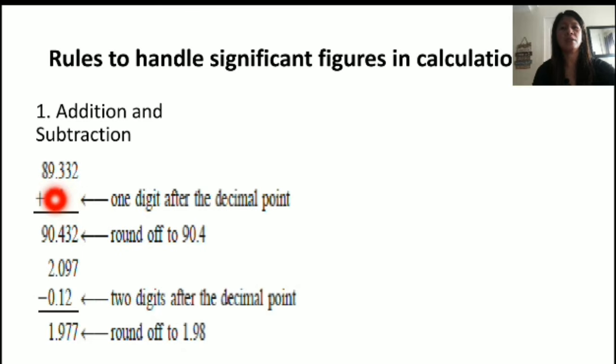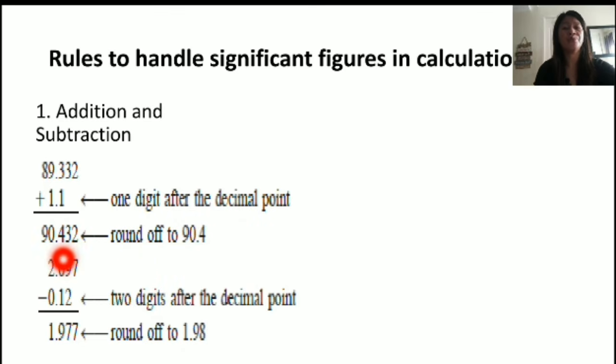In the first number, we have 1, 2, 3 decimal places or decimal digits. We have 1 in 1.1. So in expressing the final answer, you get the least decimal place. So you get the one digit after the decimal point as reference for your final answer.